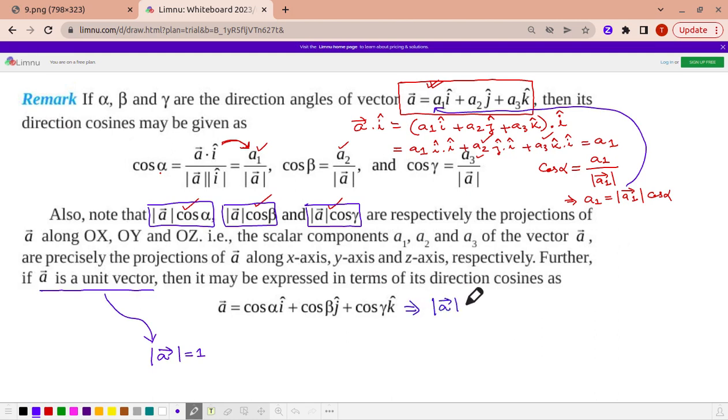Mod A equal to square root of cos square alpha plus cos square beta plus cos square gamma. We know if cos alpha, cos beta, cos gamma are the direction cosines, the sum of their squares is equal to 1, so that is equal to square root of 1, that is equal to 1. I hope you got a very clear idea.